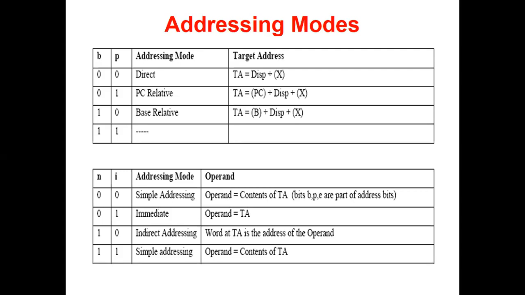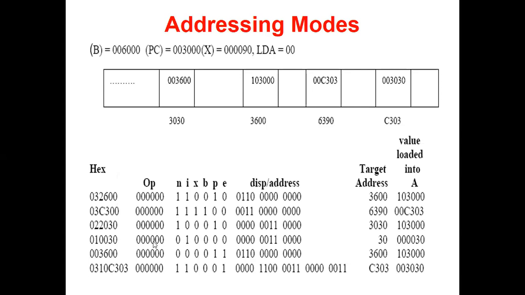Okay. So when you look at this question here, P is a 0, that means simple addressing, direct addressing, okay? Here, N is 0. So when you calculate the target address, this is 0, 0, 0, 1, 1, I think is a 3, 0.